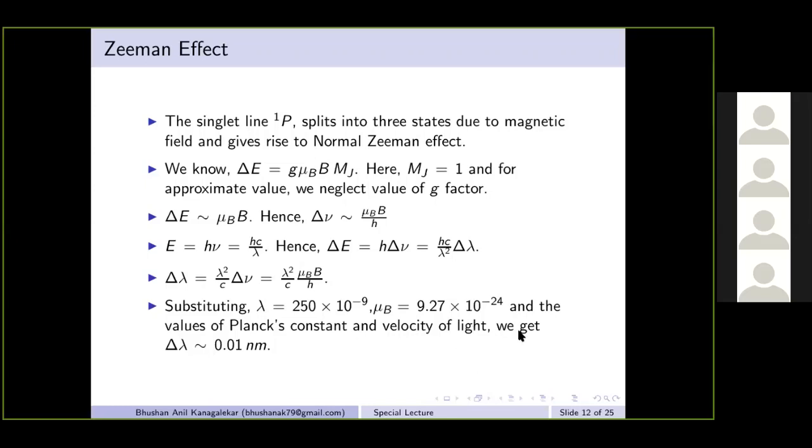You will get the splitting in terms of wavelength of the Zeeman spectral line as 0.01 nanometers, which is option A.